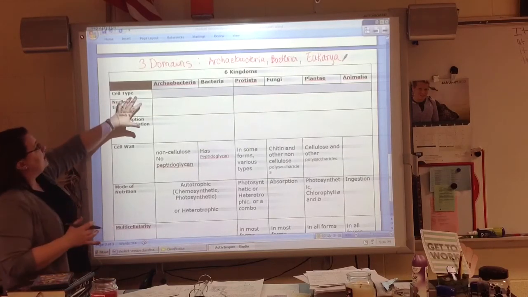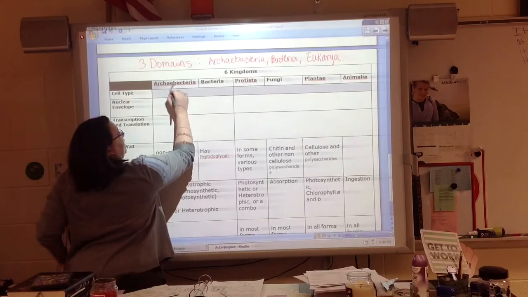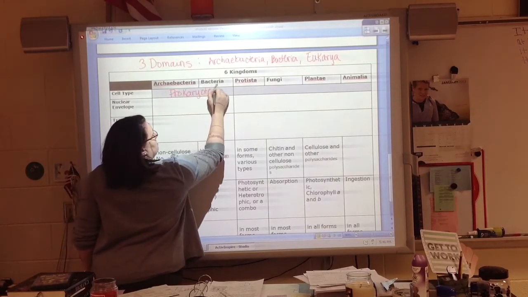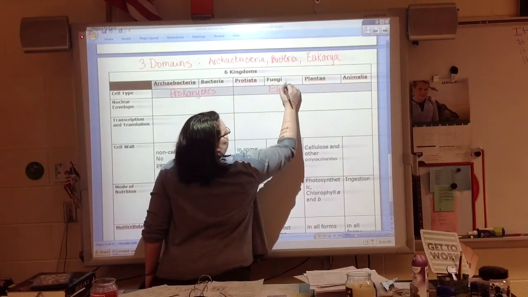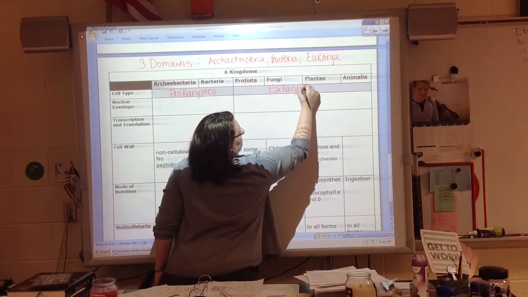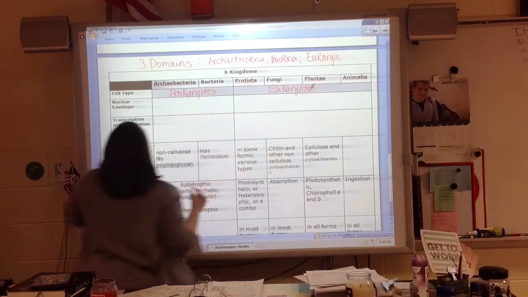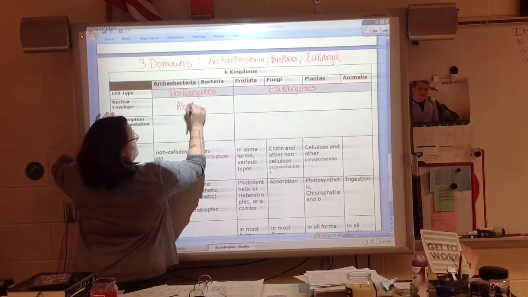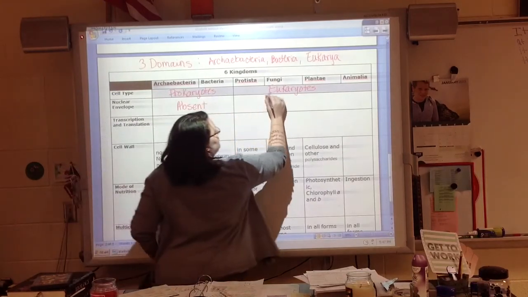So we have cell type, and we have prokaryotes and eukaryotes. Nuclear envelope is absent and present.